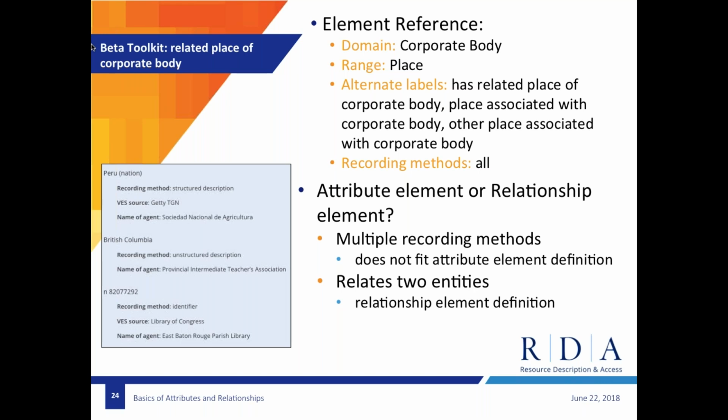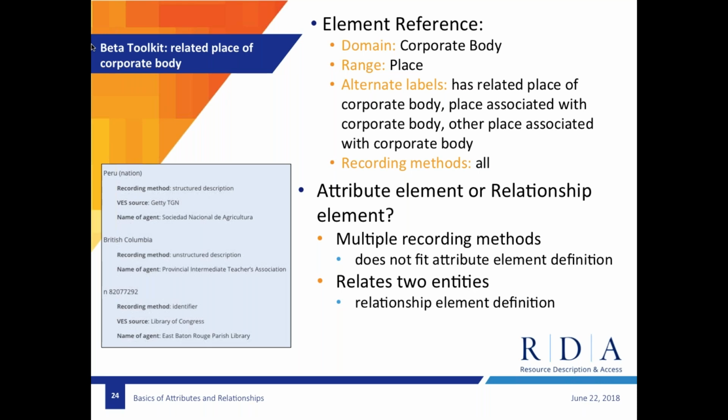So, first, let me say, Adam is asking about recording an abbreviation for a place versus recording the full name of the place. As an element for the place, British Columbia, as Adam knows, the preferred name of place would be British Columbia.